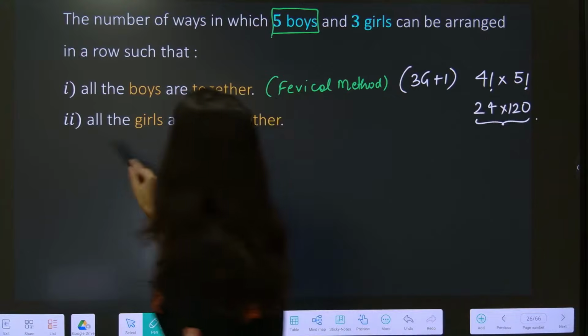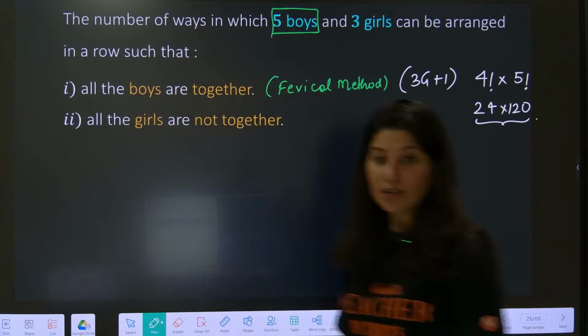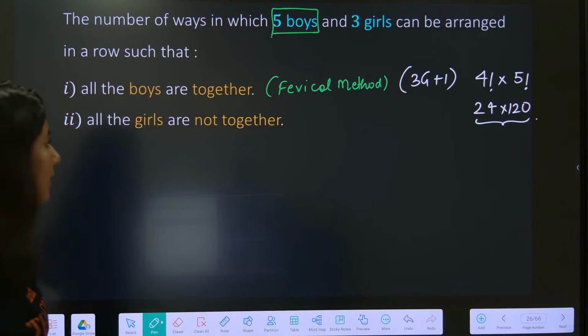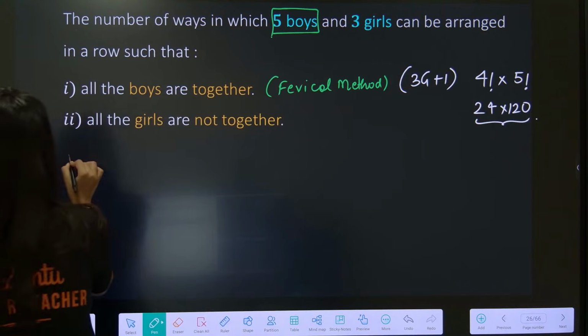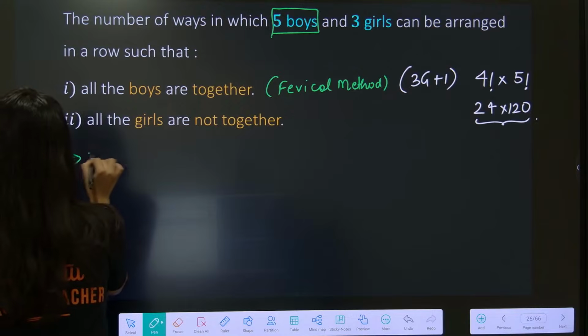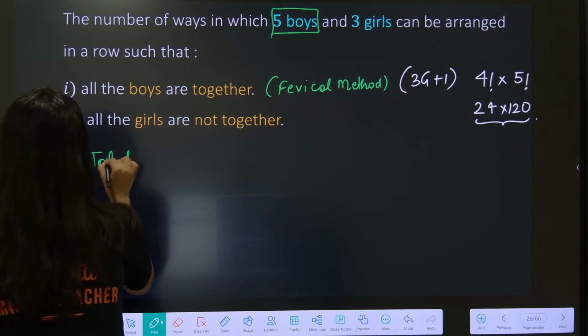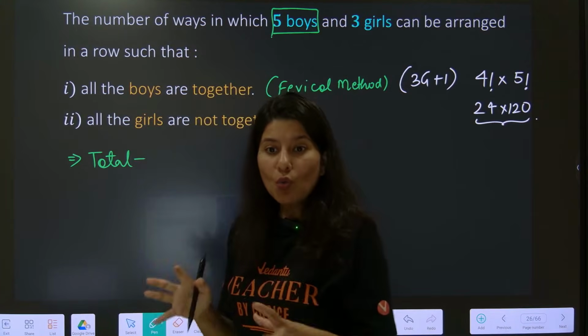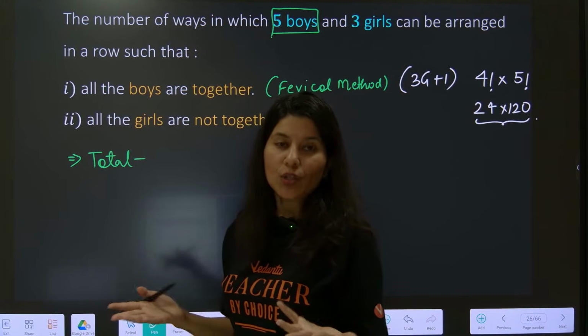Now if all the girls are not together, this is something else. All the girls are not together means total ways minus when all the girls are together. You just don't want all the girls to be together. So what you will do?